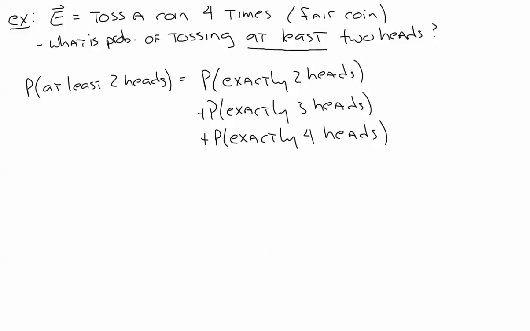The probability of at least 2 heads is found by adding up the probabilities of exactly 2 heads, exactly 3 heads, and exactly 4 heads. That's how we're going to do it.